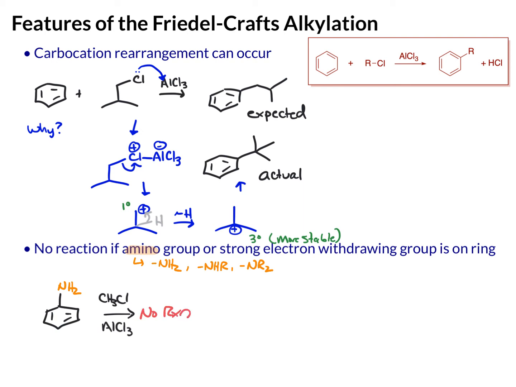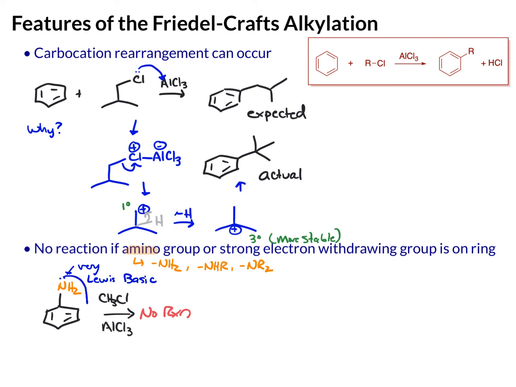Why is that? The problem is that the nitrogen lone pair is especially Lewis basic. What that will do is react with the catalyst preferentially over the lone pair on the chlorine.